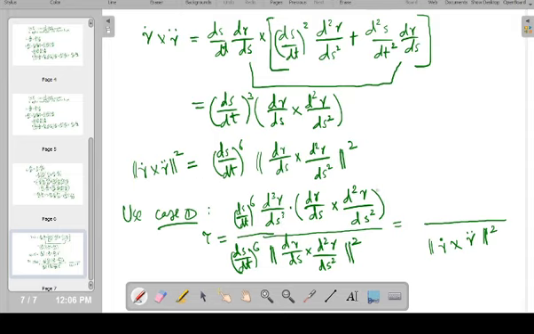Okay, we forgot to do one computation, so that we will do in the next slide. What is the formula? The formula is gamma triple dot product with gamma dot cross gamma double dot.